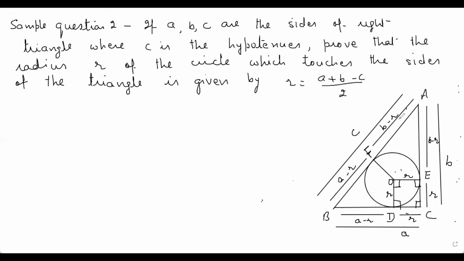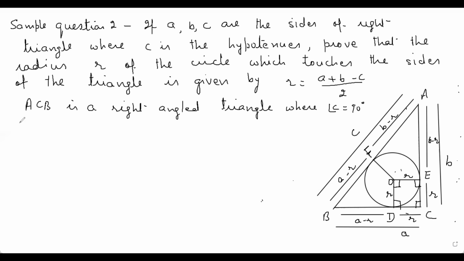Now I am to find the radius. I'm going to write the solution here. A right angle triangle ACB is given to us, where angle C is 90 degrees. Length of BC is A, length of AC is B, and length of AB is C. R is the radius of the circle.